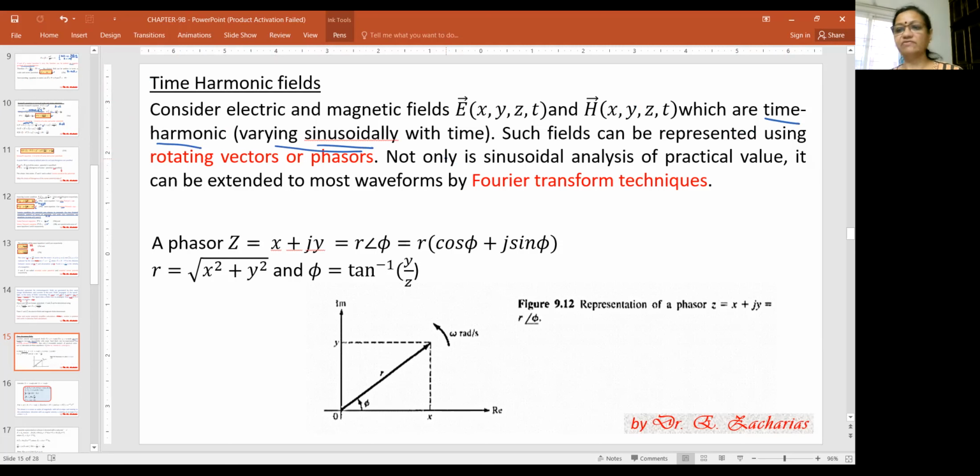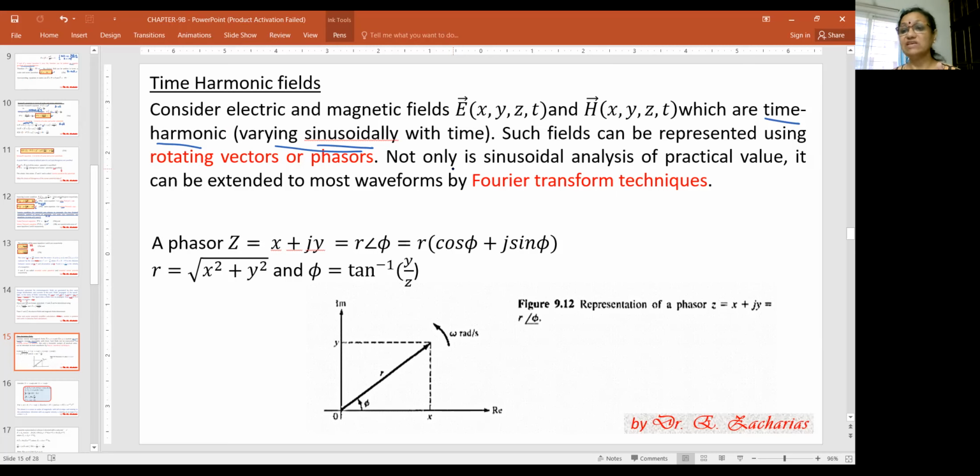If you talk about electric field or magnetic field, E and H, you will find that in these waves, they will be varying sinusoidally. That's the reason why you will write a cosine or sine equation to represent these waves, and there will be a function of both position and time. Then you will ask me, ma'am, should all the waves be sinusoidal?